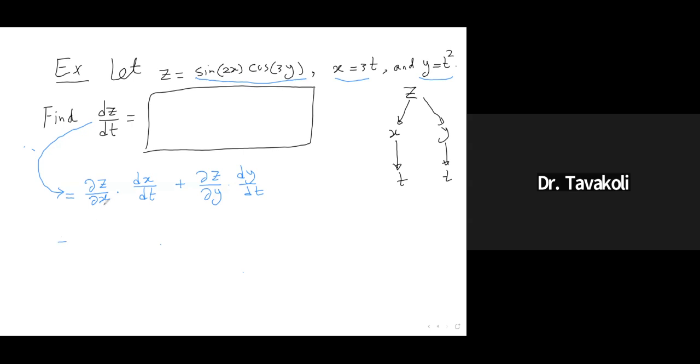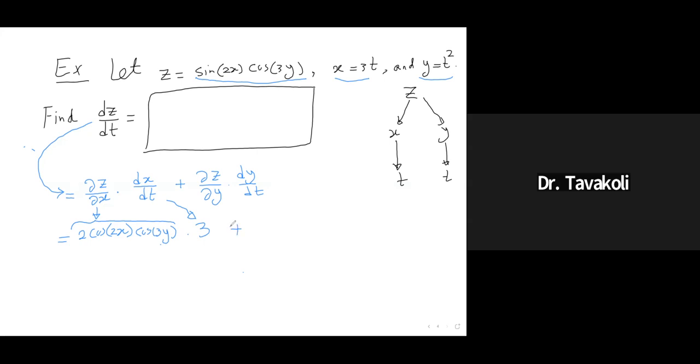So what I have here is 2 cosine of 2x times cosine of 3y. Again, the reason is I look at y as a constant, therefore cosine of 3y is a constant, and the derivative of sine of 2x is 2 cosine of 2x. So this was the first partial derivative, then times the derivative of x with respect to t. X is 3t, so times 3.